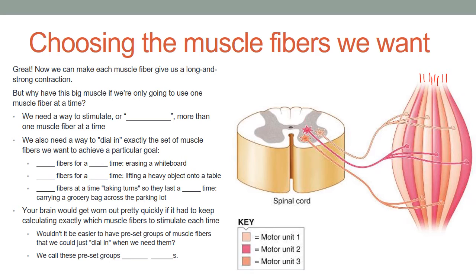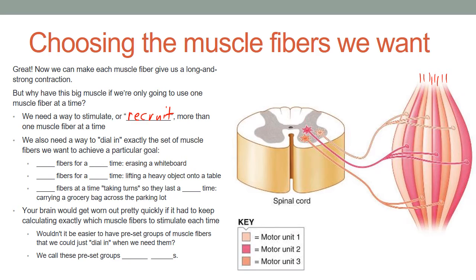So why have that big muscle if we're only going to use one muscle fiber at a time? So in order to use more than one muscle fiber at a time, we need a way to stimulate, or the word musculologists use for this is recruit. We need to recruit more than one muscle fiber at a time.